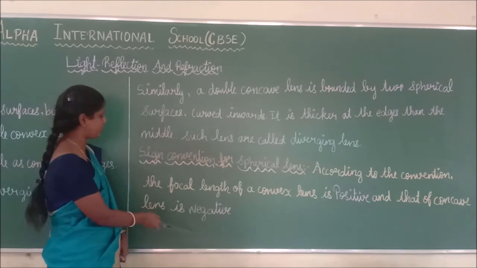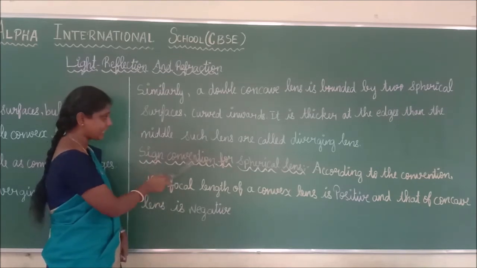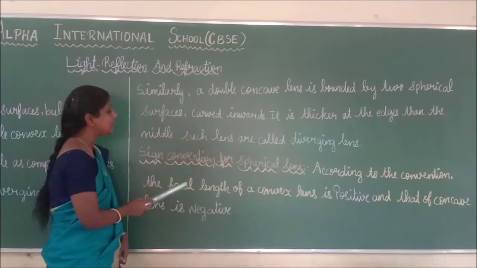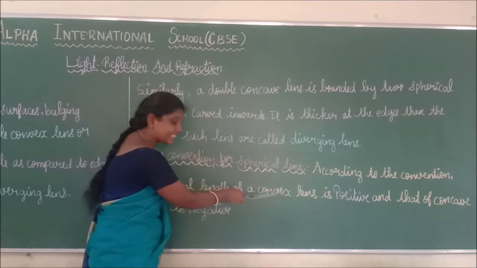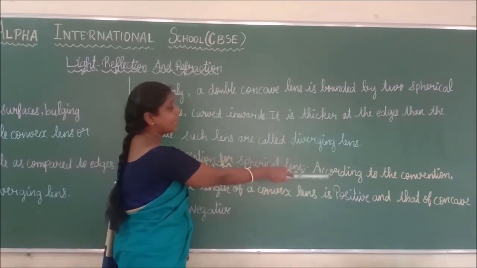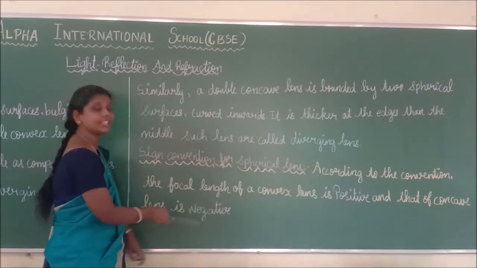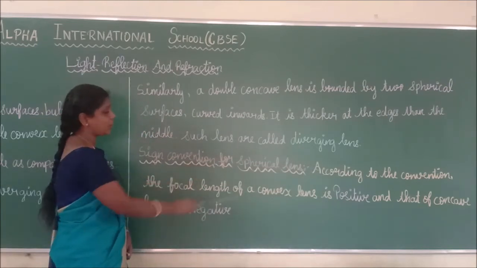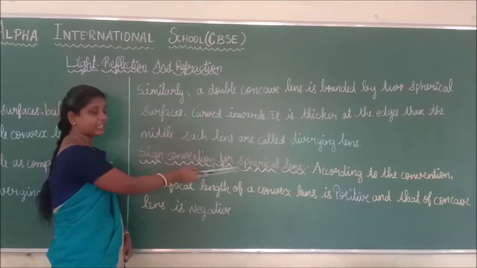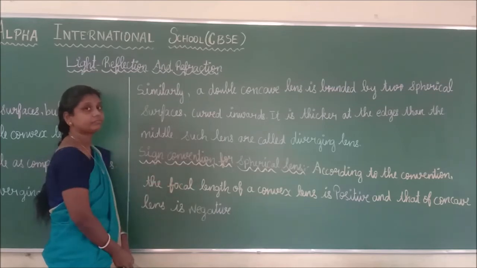Do you understand, students? In the sign convention for a spherical lens, the focal length of a convex lens is always positive and of a concave lens is always negative. Do you understand the concept of sign convention for spherical lenses, students?